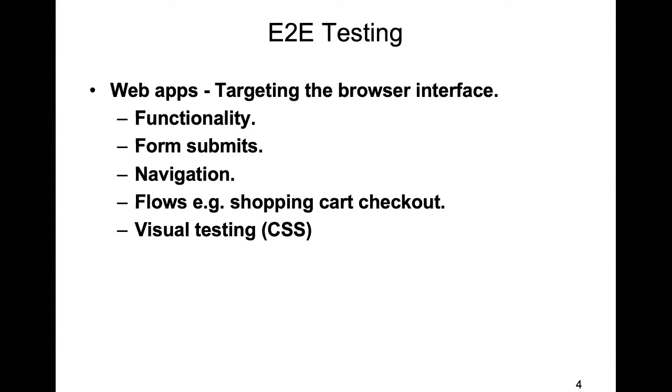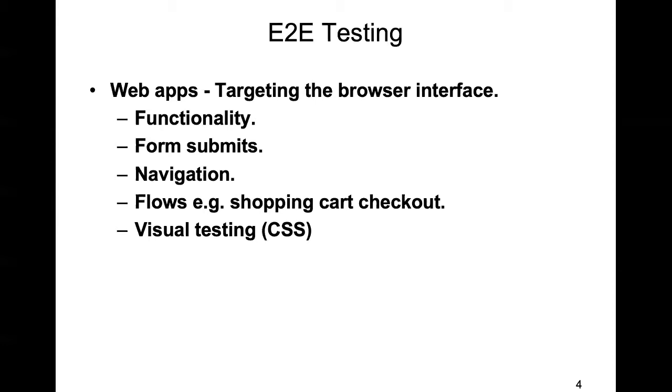That, for example, would mean in real life, when you submit data on a form, more than likely that data is going to finish up in a database, and so you would have to check that it did actually finish up in the database. Again, we can't do that right now because we don't have a backend to our Movies app. You're going to be interested in navigation, obviously, that it's all working properly. If there are flows in your web app, which there won't be in our case, you will be testing those.